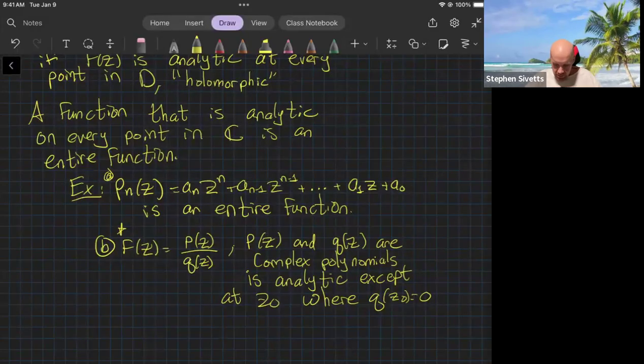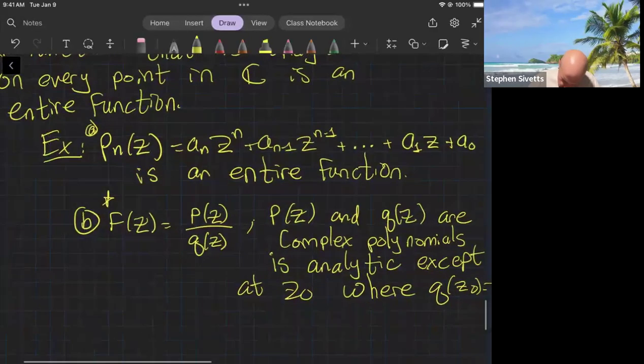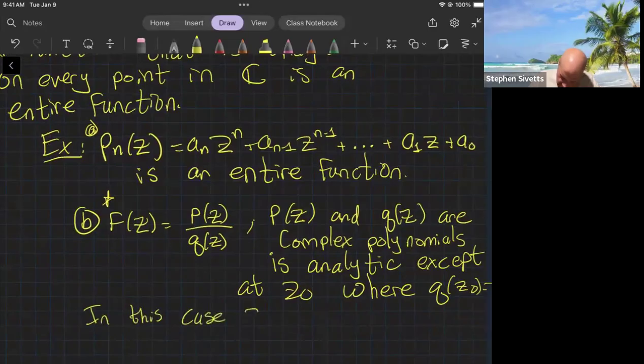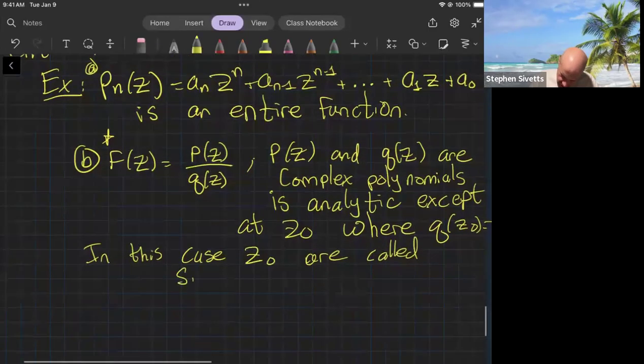In this case, those points z naught are called singular points.